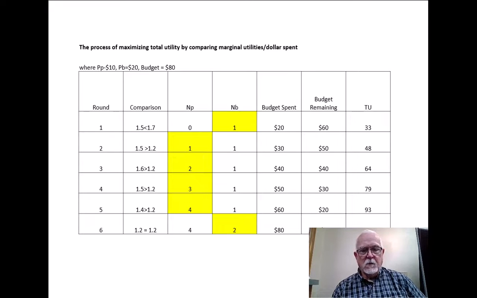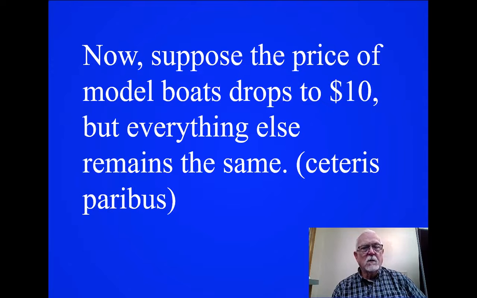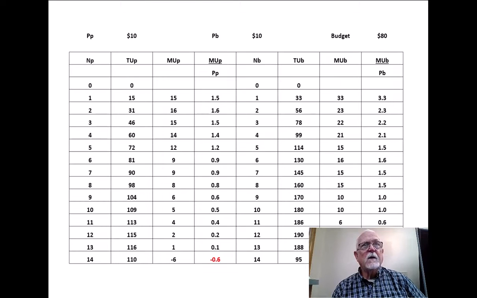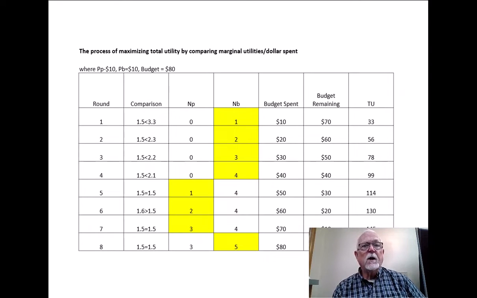Okay. Now, what happens if the price of model boats drops? Well, now in that case, the price has dropped to $10 for the boats. It was and remains $10 for the planes. That hasn't changed. But notice what happens to our calculations on how many boats and how many planes we're going to purchase.